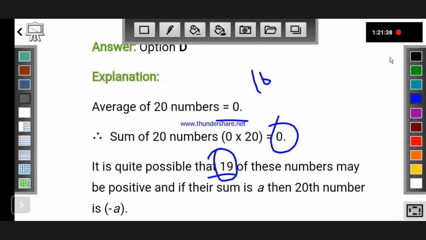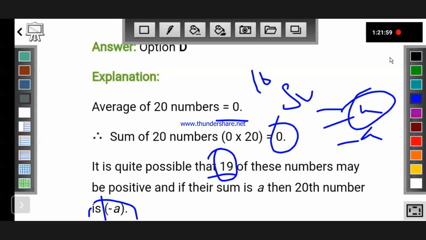If the sum of 19 numbers is a, then the 20th number is minus a. They are asking how many numbers are greater than 0. 19 numbers are greater than 0.